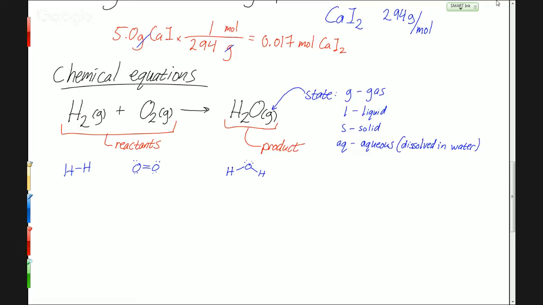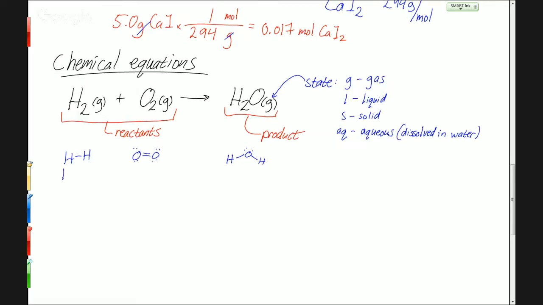So what if instead of doing it this way, what if we react 2 hydrogen molecules with 1 oxygen molecule, and we make 2 water molecules? Does that work? We still have the same things reacting. We still have the same product being made, but we've just made it in different proportions.